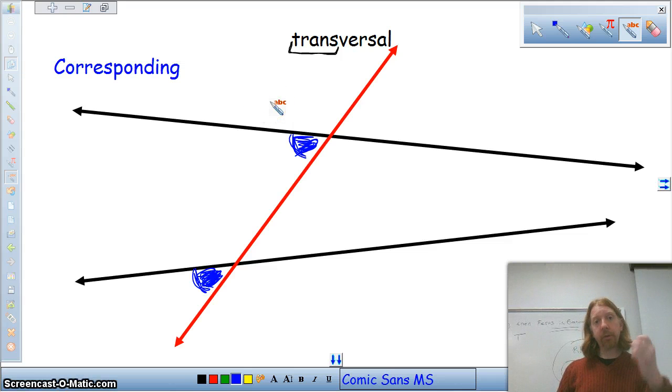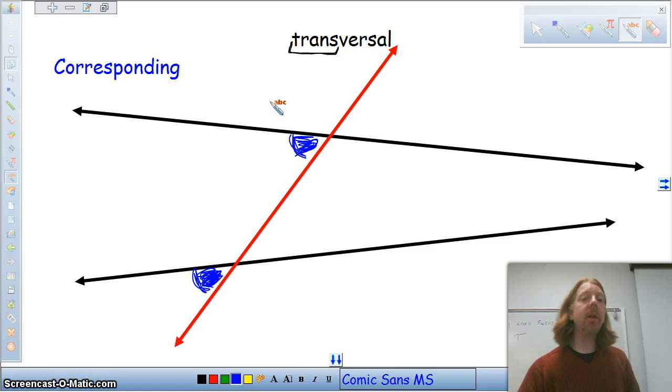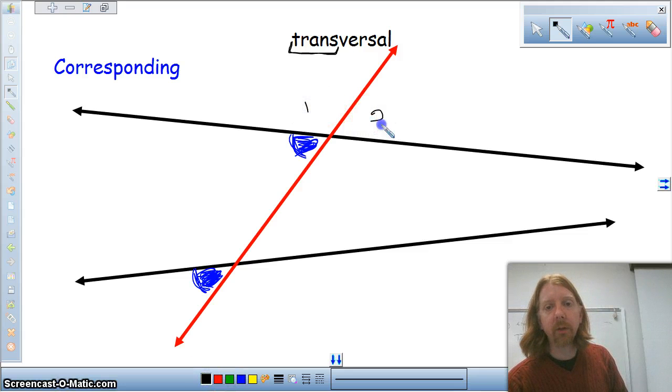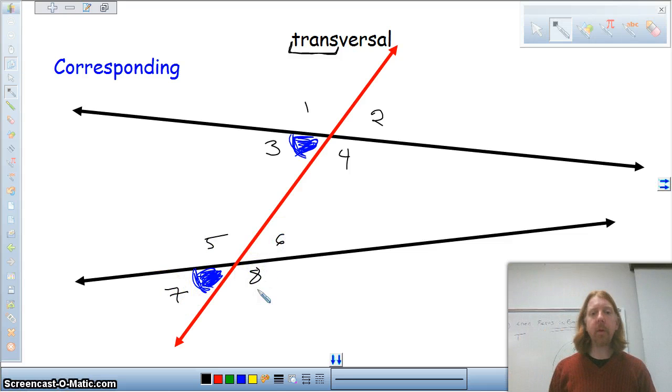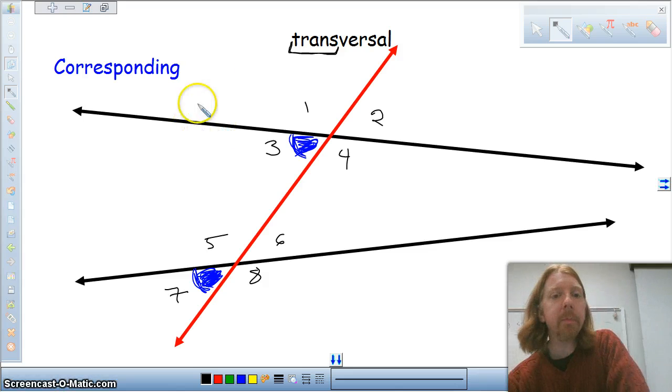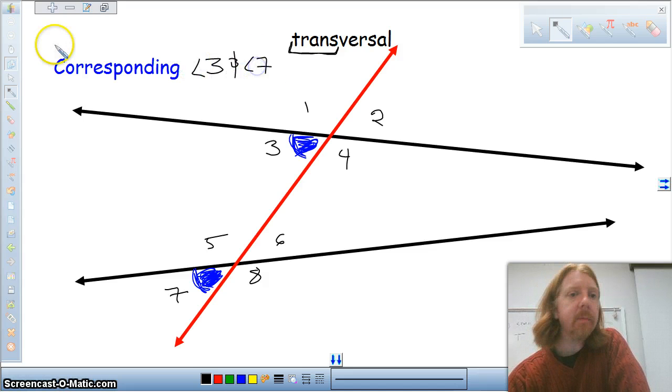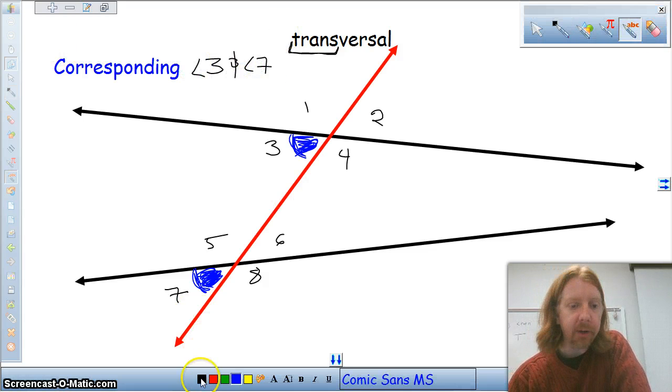Corresponding angles are two angles, so it's a pair, that are in the same relative position between the two lines. So I'm going to put some numbers up here to help. So angle 1, 2, 3, 4, 5, 6, 7, and 8. Okay, so corresponding angles will be angles 3 and 7. We're going to be talking about angle pairs here.